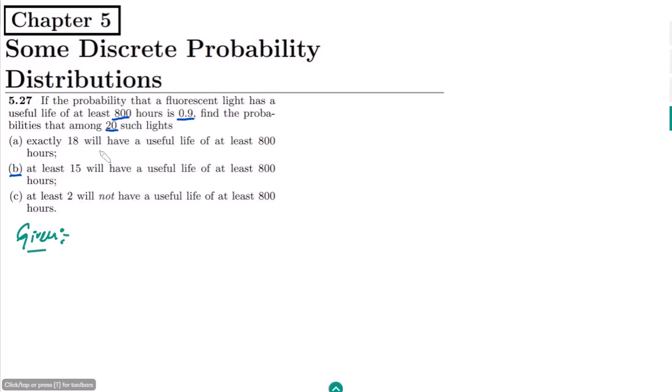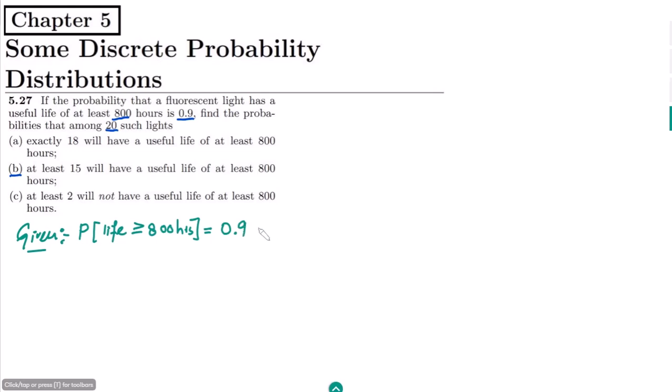Okay, so what is given? We know that the probability that the life of a fluorescent light is at least 800 hours, greater than 800 hours, is given, and that is 0.9.